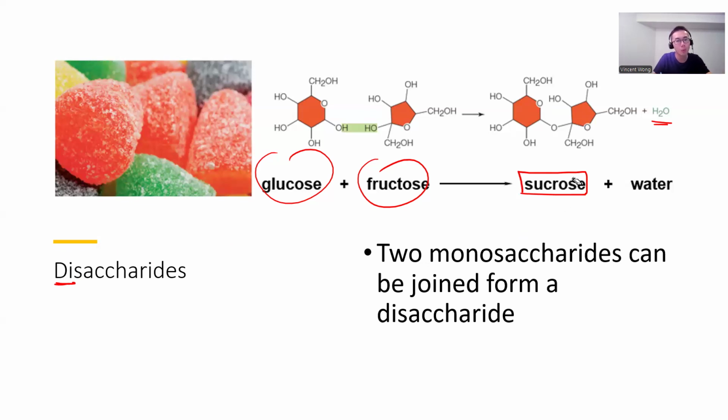Does anybody remember where we find sucrose? I told you earlier, just want to jog your memory a little bit. Where do you find sucrose? Okay, I see some of you. Yeah, go ahead. Some of the juice, maybe a diet juice.